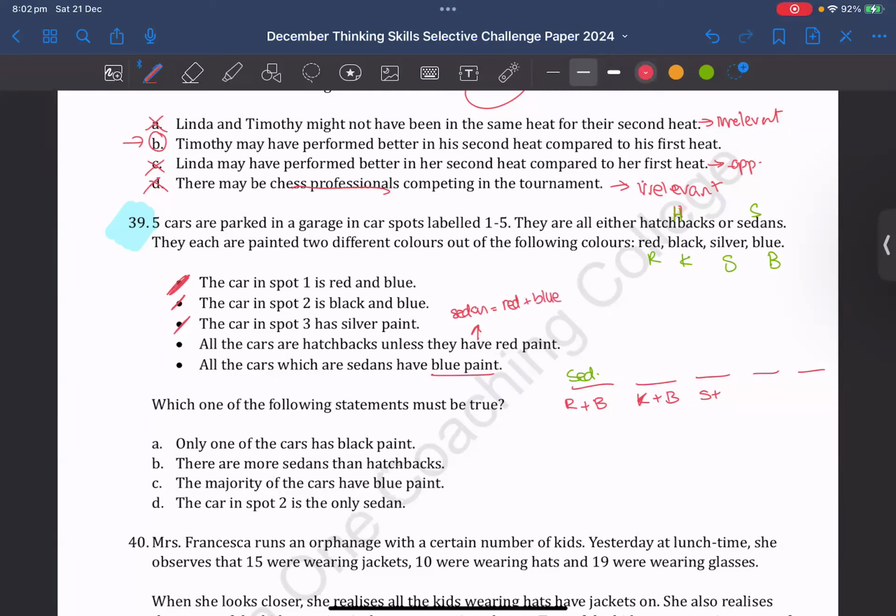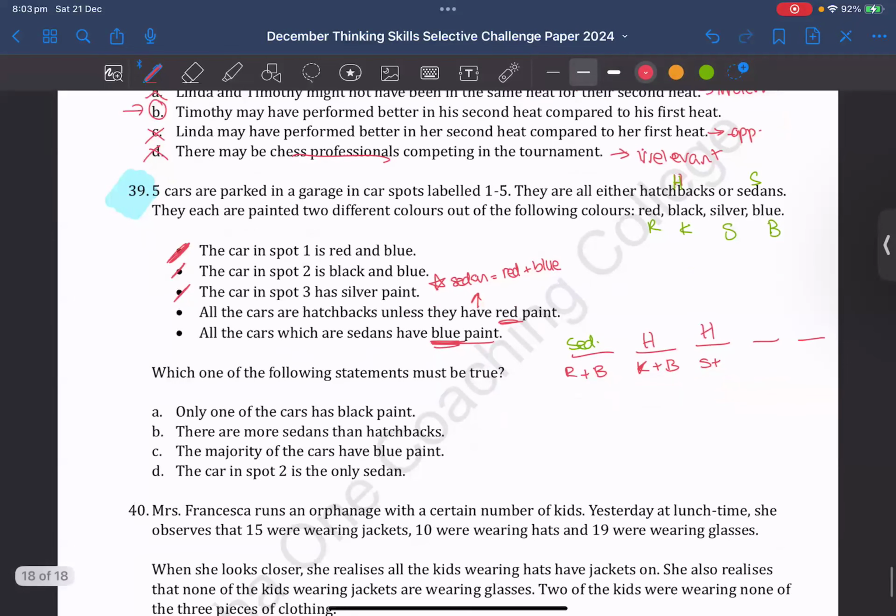The key thing here is understanding a sedan has to have red and blue, which means this black and blue has to be a hatchback, and this thing with silver has to be a hatchback. So this is all we know for now.